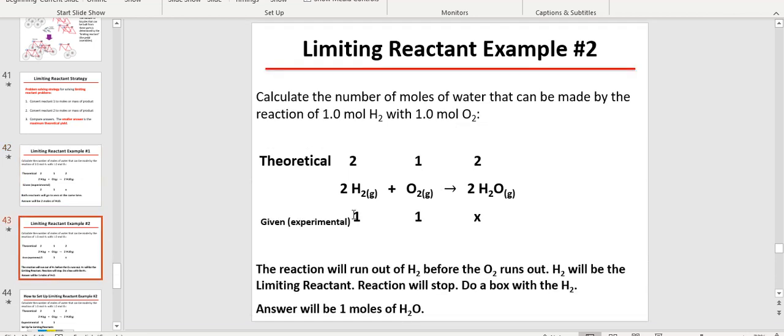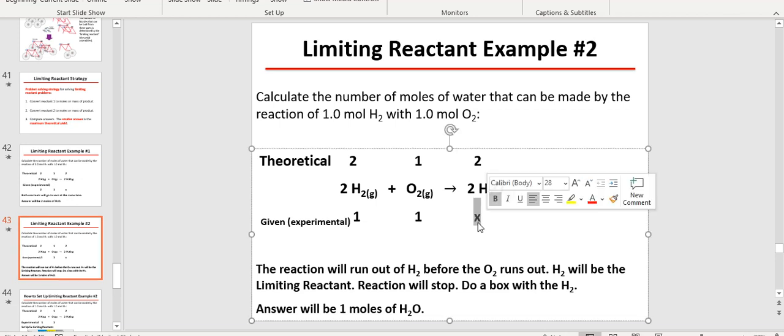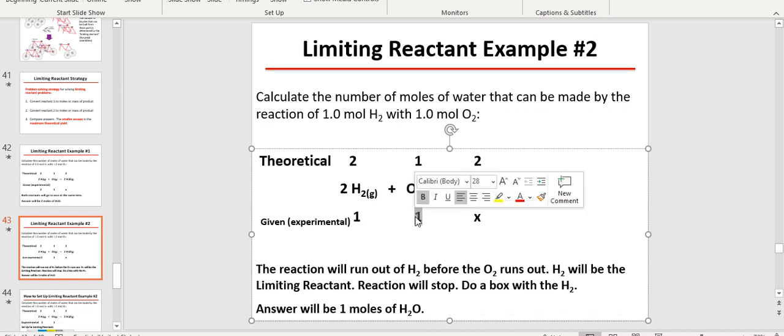Let's have a look here. Same equation, all right? But I'm looking to calculate the number of moles of water that can be made by the reaction of 1 mole of hydrogen gas and 1 mole of oxygen gas. So, what am I looking for? Calculate the number of moles of water. Okay, X moles. How many moles of oxygen did I give you? 1. How many moles of hydrogen did I give you? Only 1.